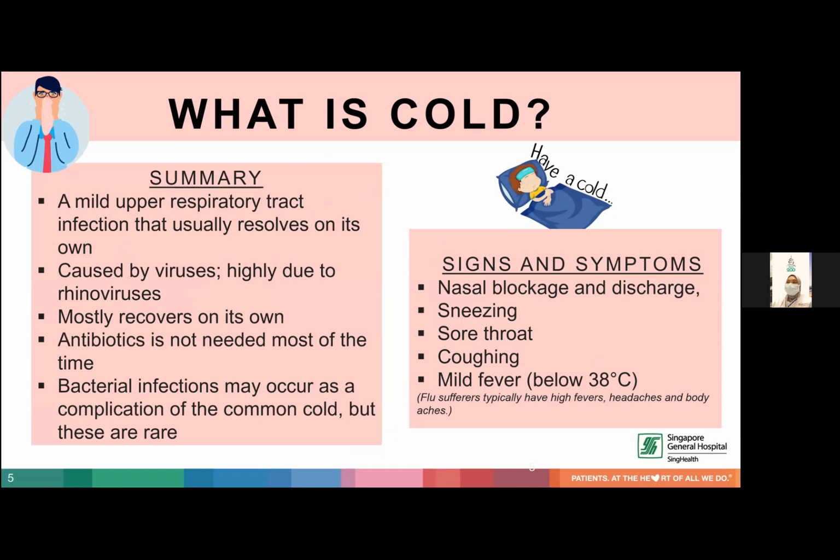Despite having many similar symptoms, the common cold is different from influenza or the flu in that the flu sufferers' symptoms are more severe. Rhinoviruses are behind 30 to 50% of colds. Other viruses that can cause cold include coronavirus, influenza, and para-influenza viruses.